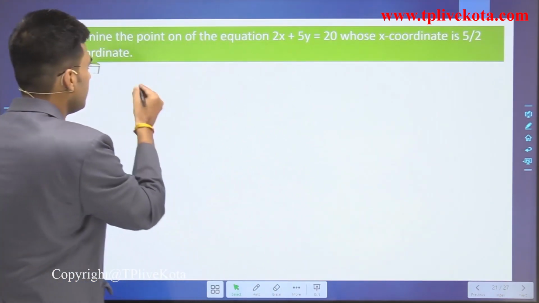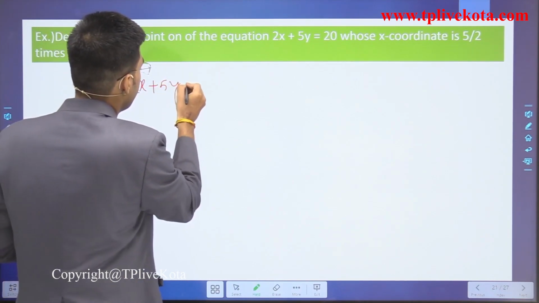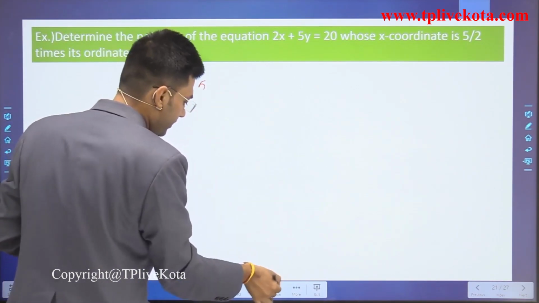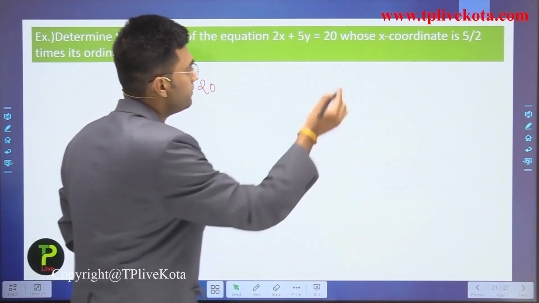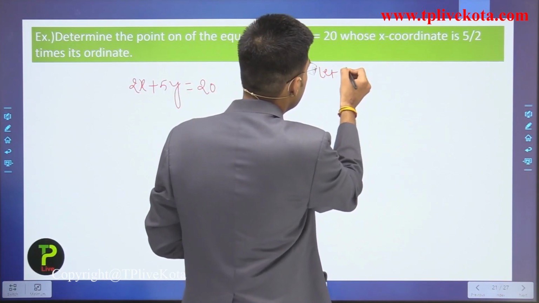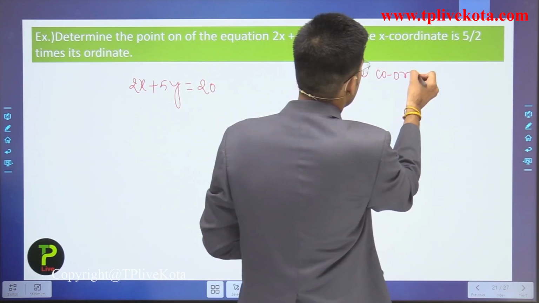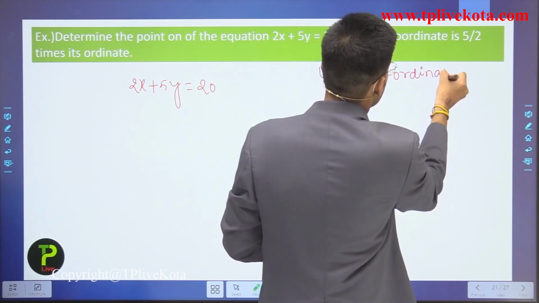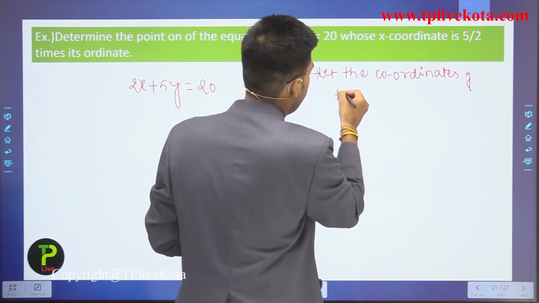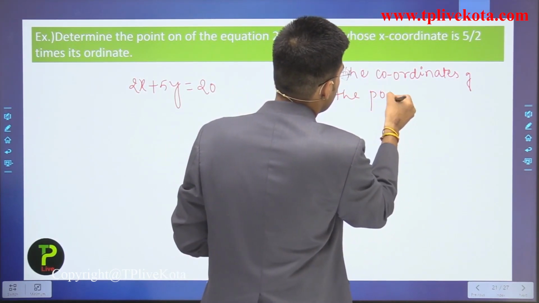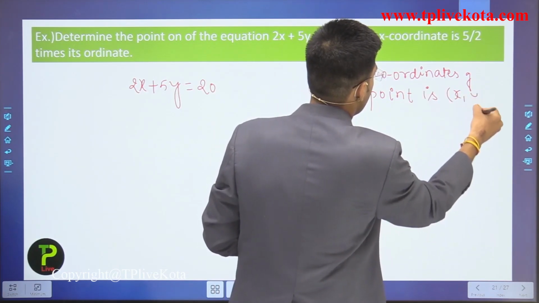So we have an equation 2x plus 5y equals 20, and let the coordinates of the point be x comma y.